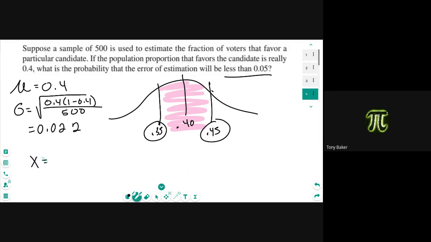Now we can find my z. It's 0.35 minus 0.4 divided by 0.022. So negative 2.27.